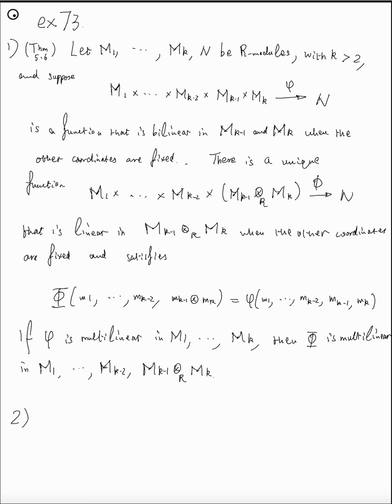But following, you can still see this as a continuation. Exercise 72, still talking about the relation between Hom and tensor. The main part of the exercise today is to prove the following.